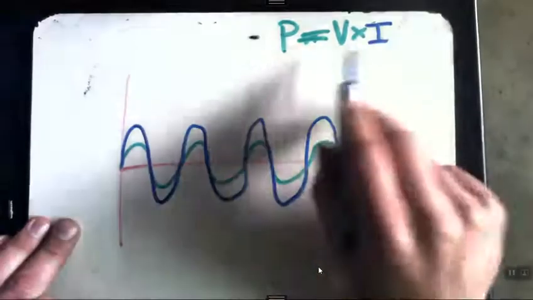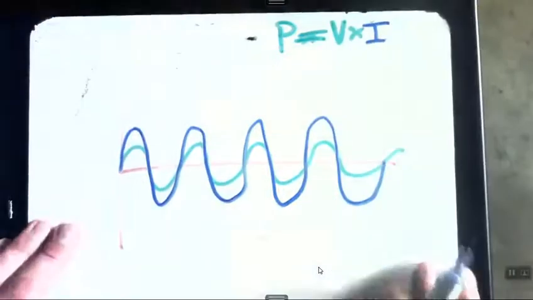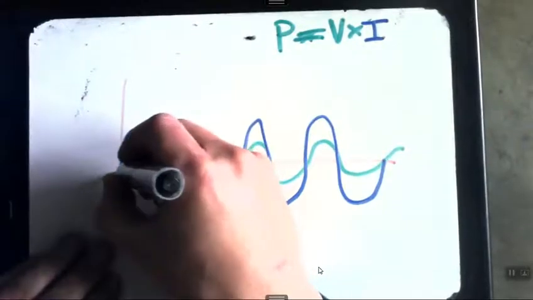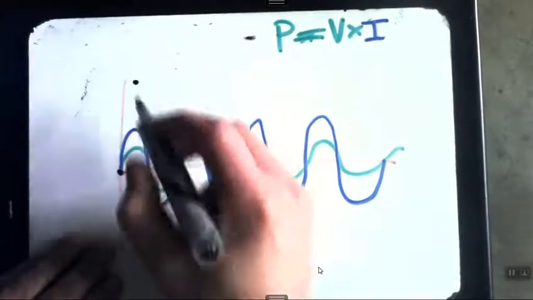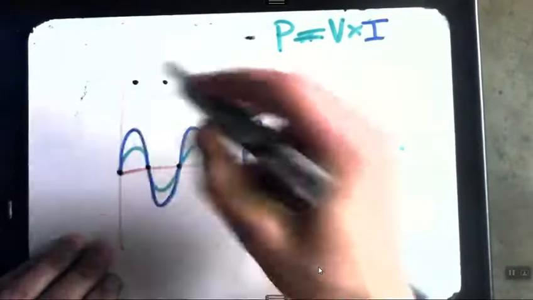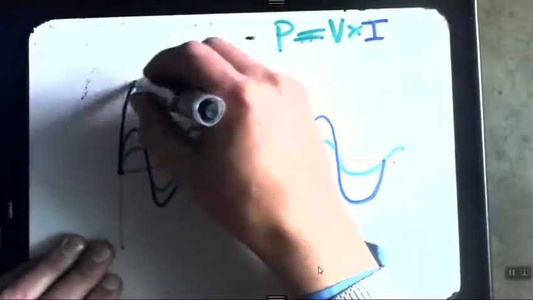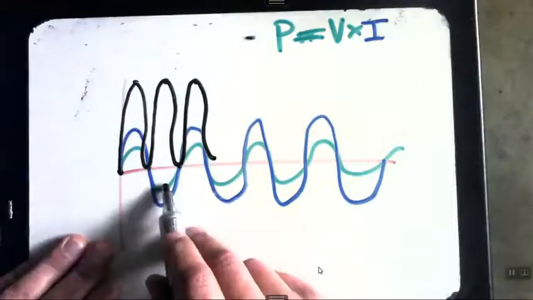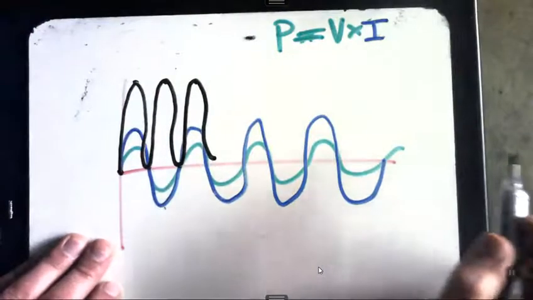Because current and voltage are in phase, if we calculate the power, the power will always be positive, because negative times negative becomes positive.